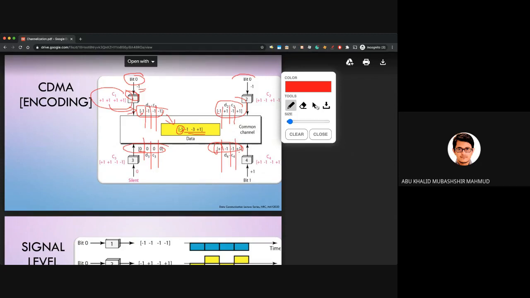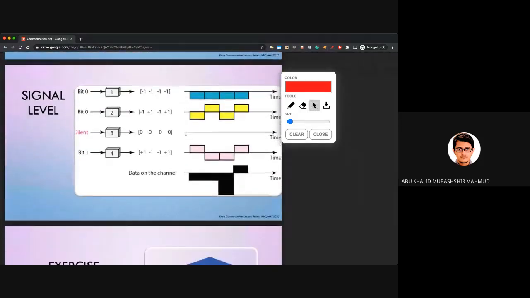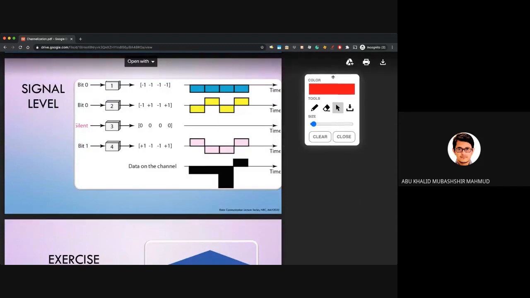After encoding this code, we use the signal levels. For -1 and +1, negative and positive amplitudes are used, and this is the final combination of the results. We had the code -1, -1, -3, and a +1.